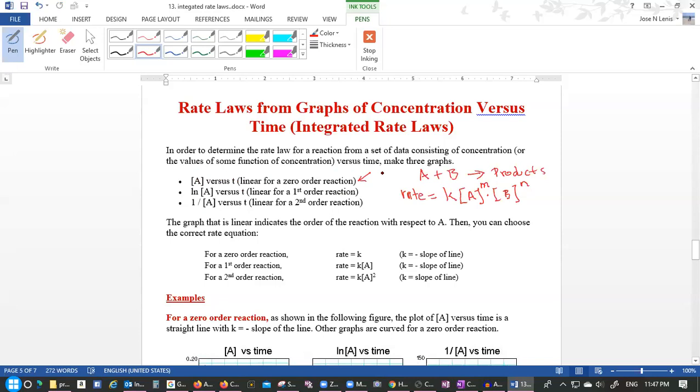In other words, you run an experiment of speed of reaction, you measure different speeds of reaction, changing concentrations, and then you graph the concentration of A against time, because you were measuring the concentration of A at different times in your reaction.